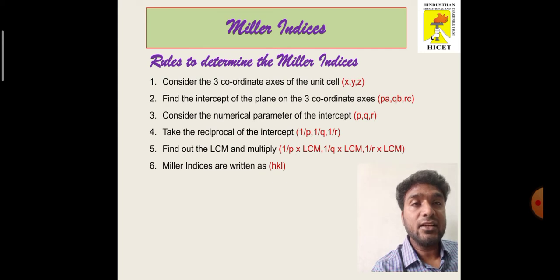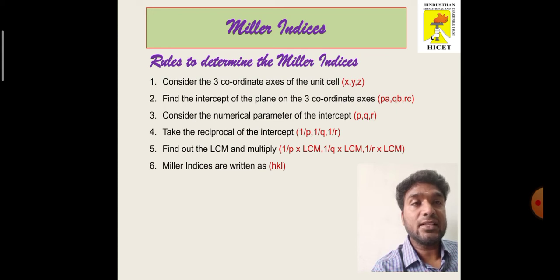The next thing, we have to find out the LCM and multiply it with the reciprocals. So 1 by p multiplied by the LCM, 1 by q multiplied by the LCM, then 1 by r multiplied by the LCM.